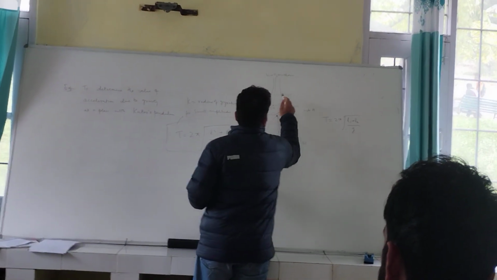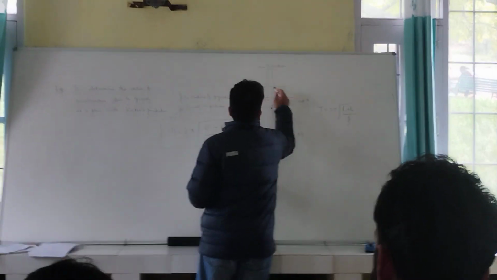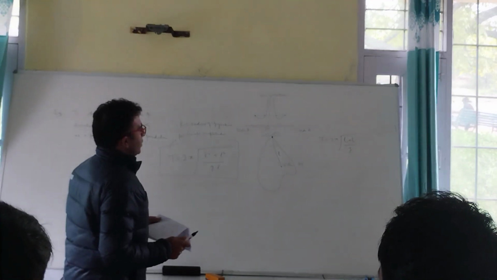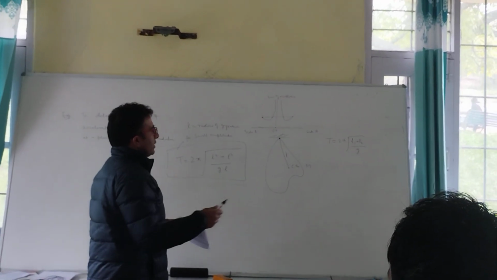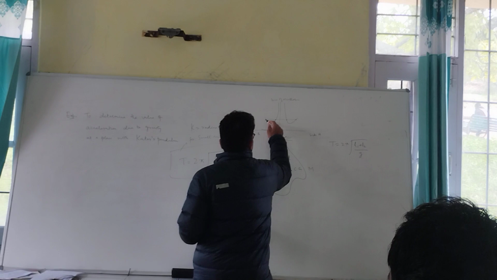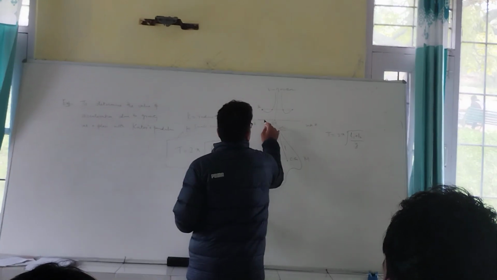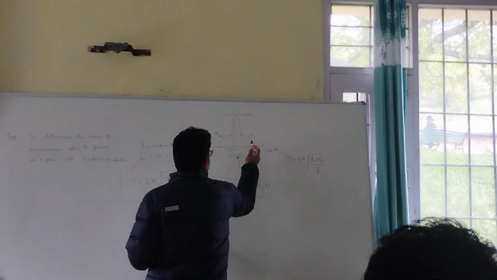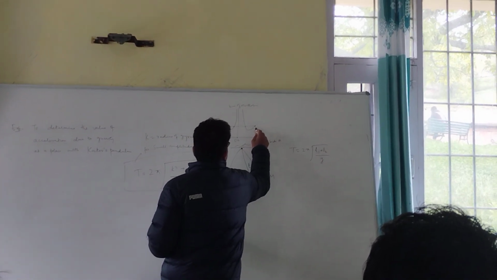So we draw a horizontal line, then we mark these points, and these 4 points have the same time period of oscillation. Then we argued that if this point is the center of suspension, at this distance, then its corresponding center of oscillation must be this point, not this one.